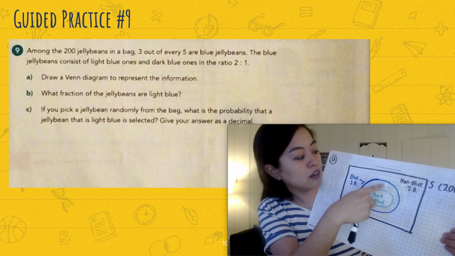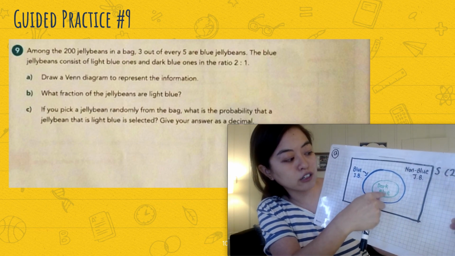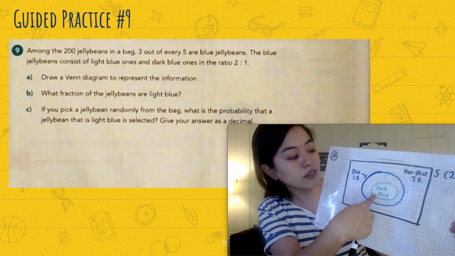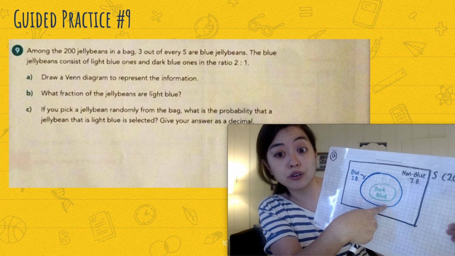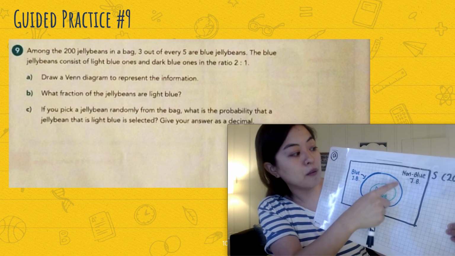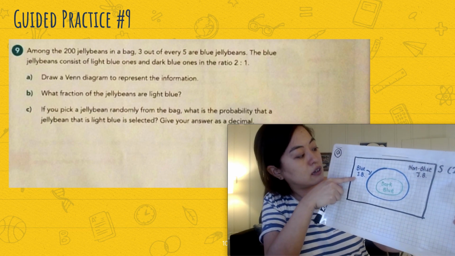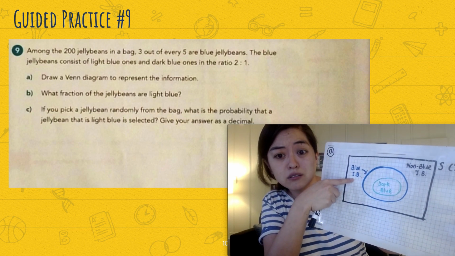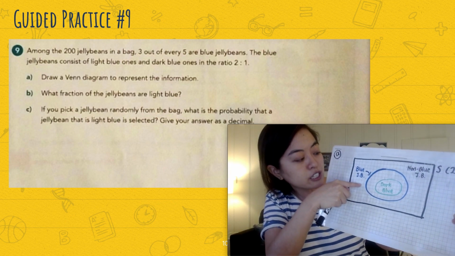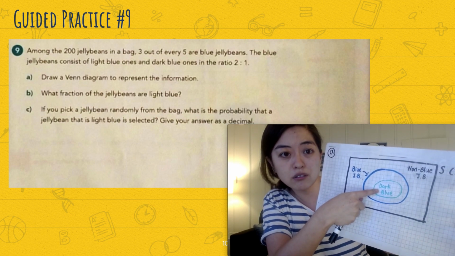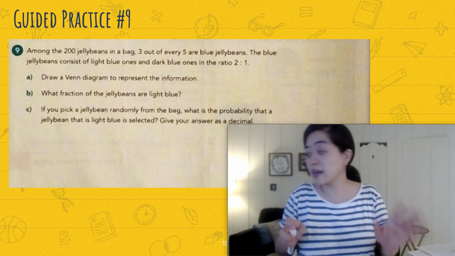And then within the blue jelly beans, there are dark blue and light blue jelly beans, but I just represented the dark blue jelly beans in this circle. And then the light blue are outside of this green circle, but within the blue circle. That's the light blue, okay? But this entire blue circle here includes just all blue jelly beans, okay? But I want to input in my numbers for the number of blue jelly beans and the number of dark blue jelly beans. Okay, so let's figure out those numbers now. So I'm still doing A, okay?